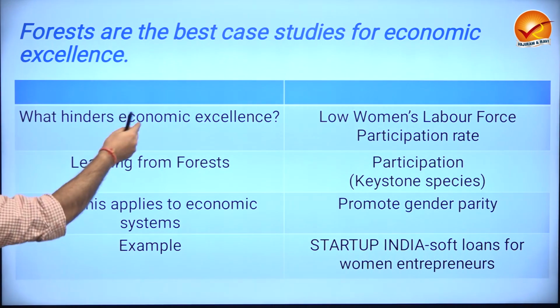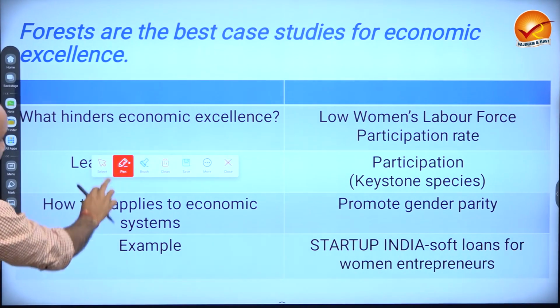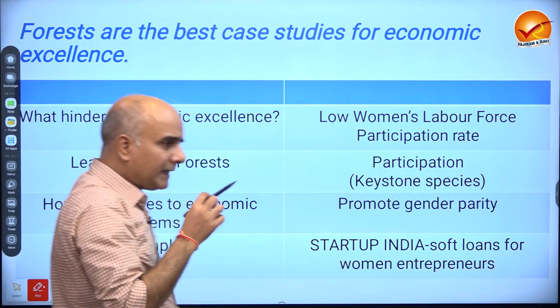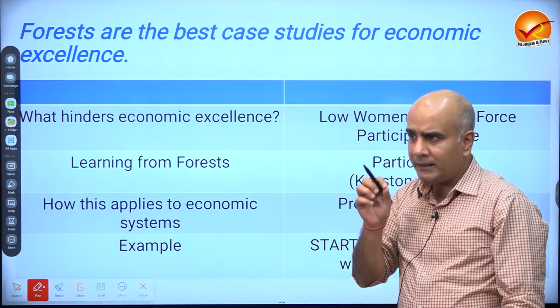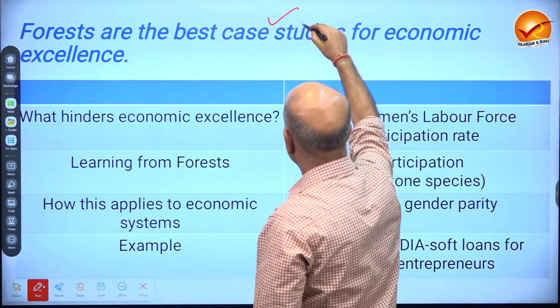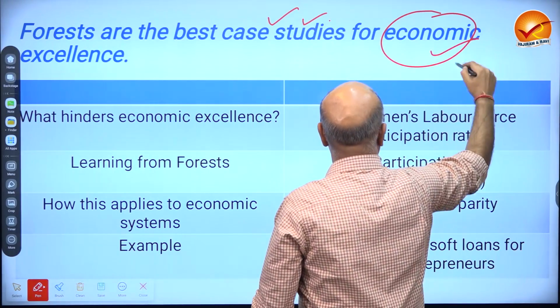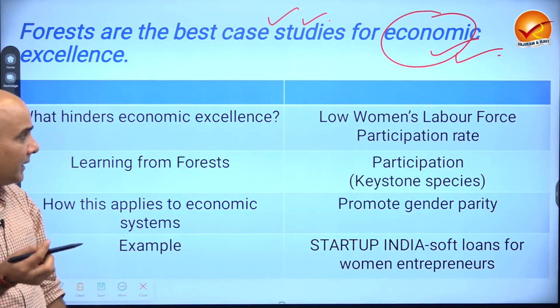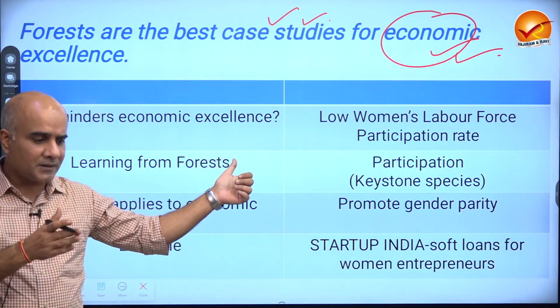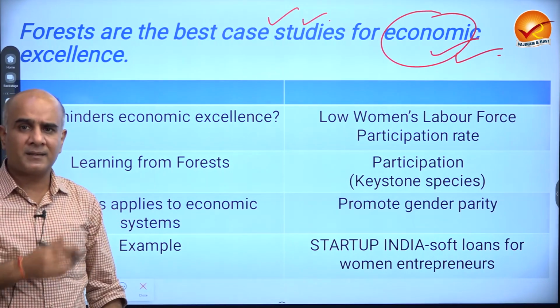So now, let's say we are writing the second body paragraph. In every paragraph, what do I have to tell you? I have to explain to the reader how a forest serves as a case study to enable us to strive for economic excellence. So the first question I ask myself is, what is an obstacle for economic excellence?